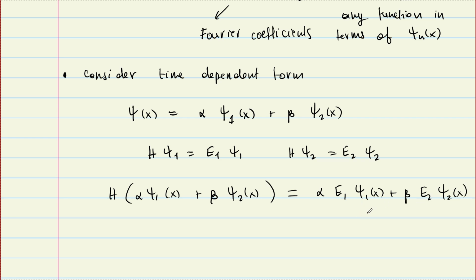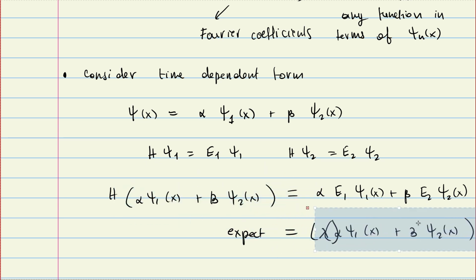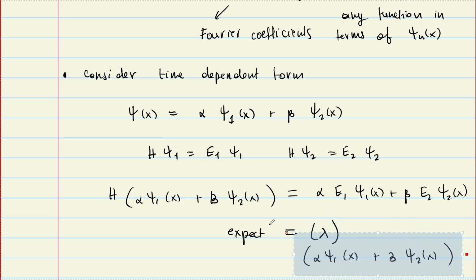Does this satisfy the condition for an exact eigenvalue equation? We expect some overall eigenvalue, lambda, times exactly what we feed in. So we expect this.